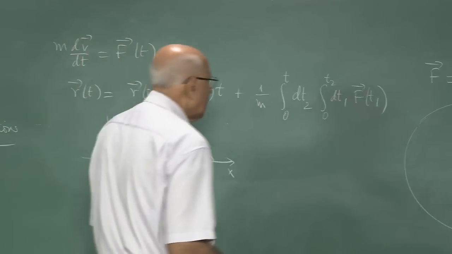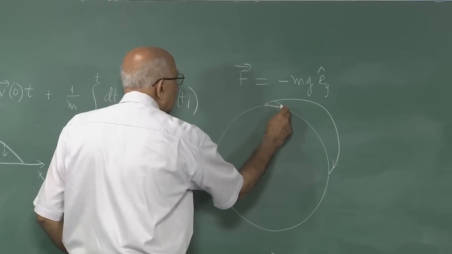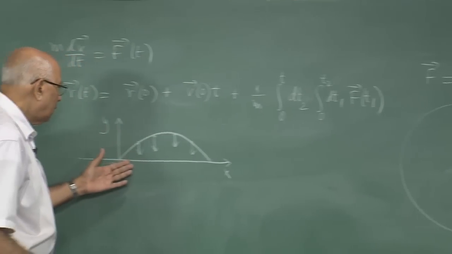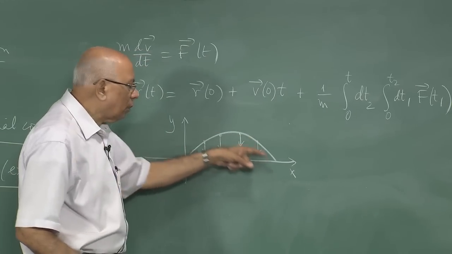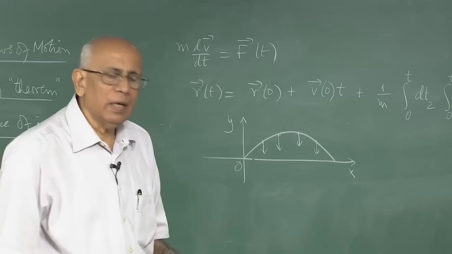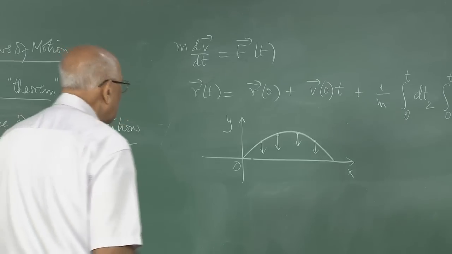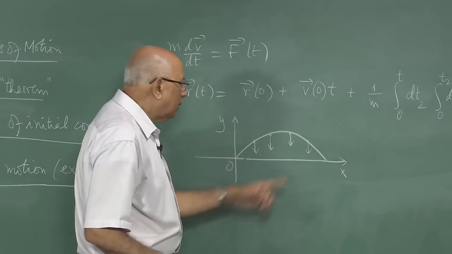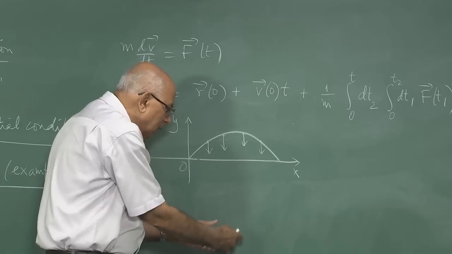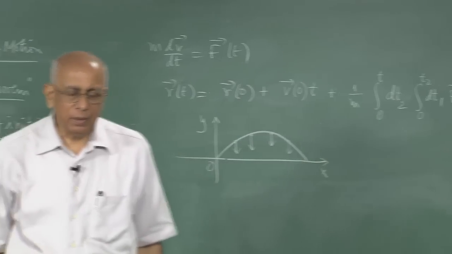Not true. But otherwise, if this distance here is extremely small and the height here is extremely small compared to the radius of the earth, this picture is valid approximately, and you have what is called a parabolic orbit. Technically this parabolic orbit is valid only if the force is a constant independent of the location and of time, but in practice the force of gravity is not directed with parallel lines of force, but rather they converge to the center of the earth, and then you have to do a more sophisticated calculation in that case.